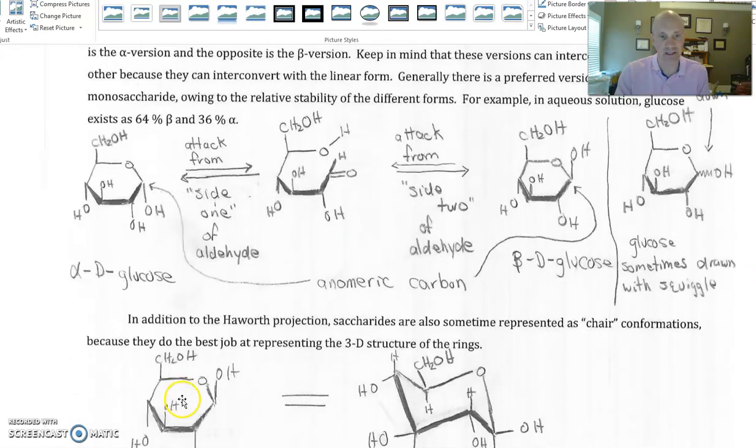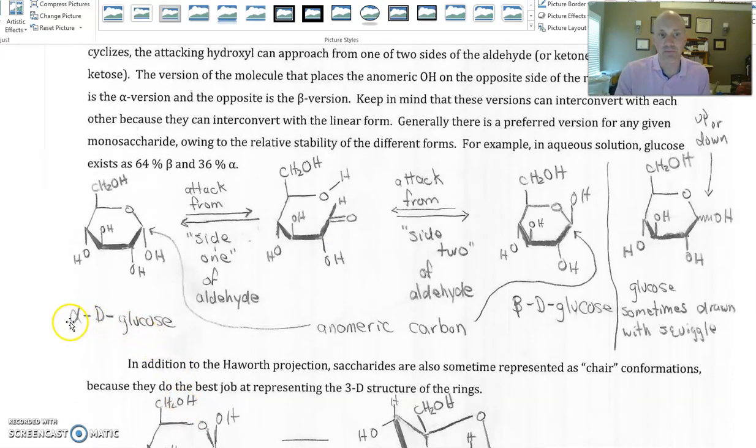That's what makes it the D. But for the alpha, one quick way to spot this is to locate this CH2OH. If this hydroxyl is on the opposite side of the ring from that, then it's going to be the alpha version. If it's on the same side of the ring as that, it's going to be the beta version.